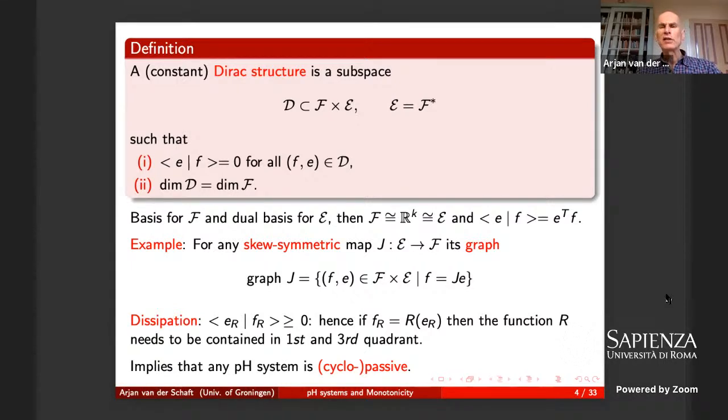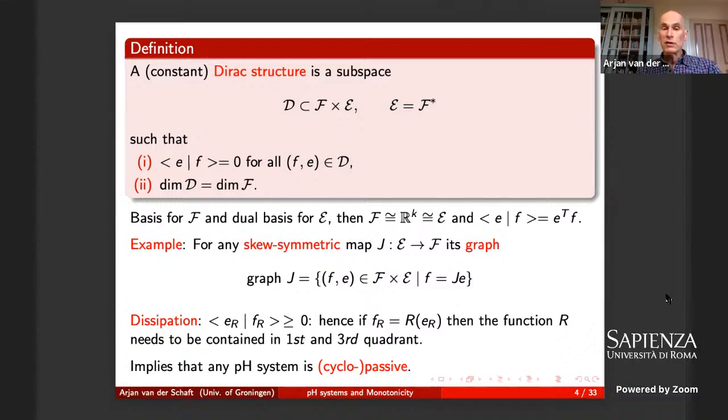It is a subspace D of the linear space F times its dual E, such that the product of the vectors E and F is zero for all pairs in D, and such that the dimension of D is maximal, which turns out to be equal to the dimension of F, or the dimension of E. That is the same.